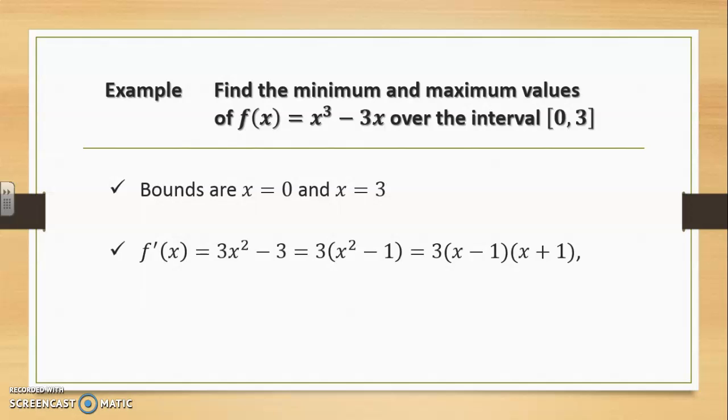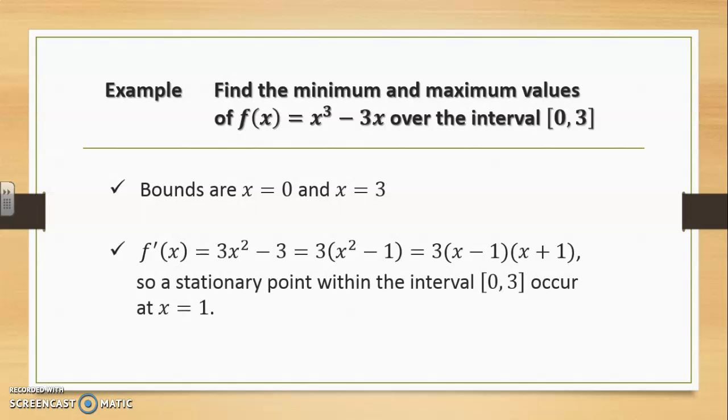So we are differentiating x cubed minus 3x, which results in 3x squared minus 3. We can then factor into 3 times x minus 1, x plus 1. So basically, stationary points within our interval are limited to just x equals 1. Even though x equals minus 1 is a stationary point, it falls outside of the interval that we were restricted to.